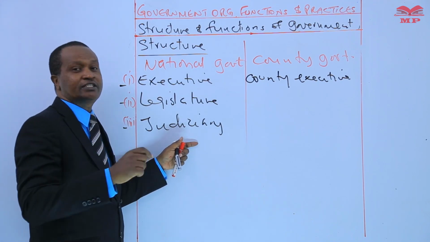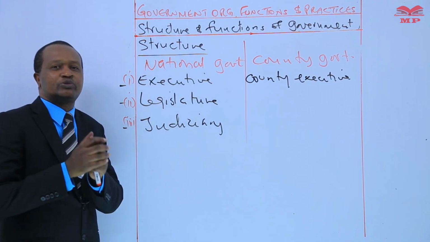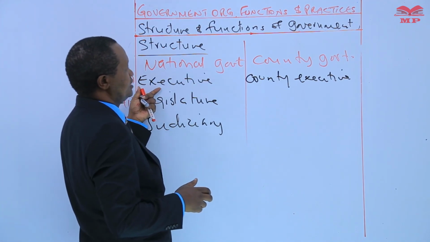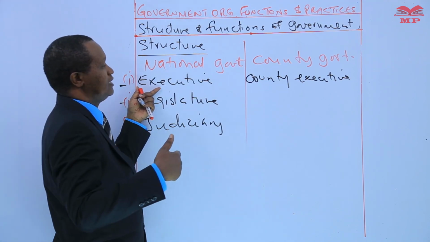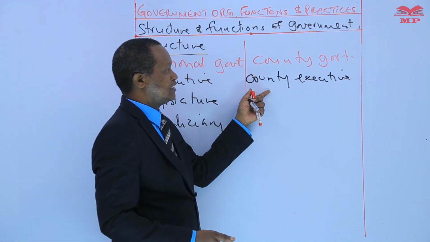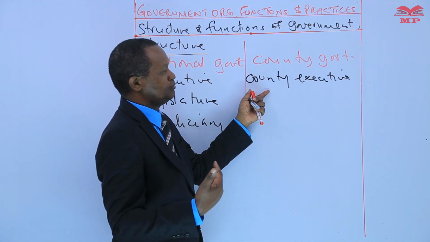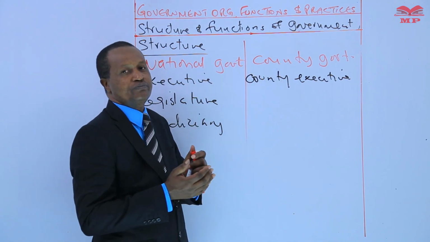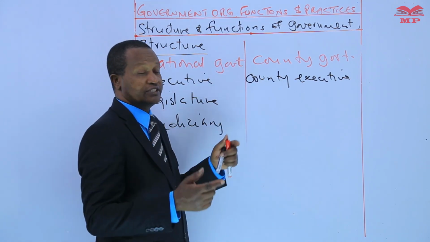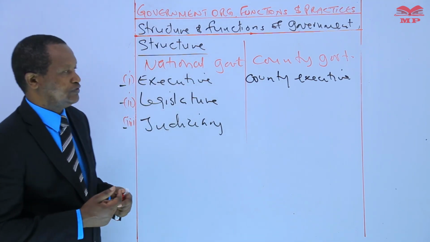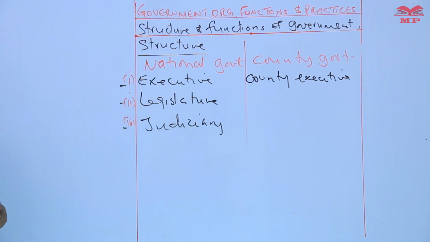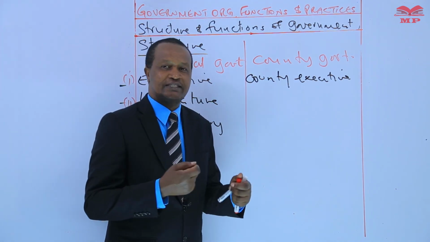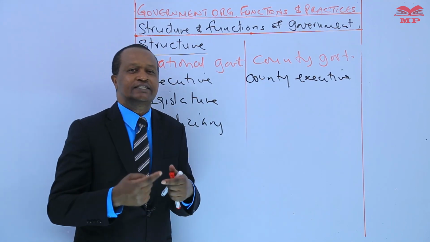And this governor is assisted by the deputy governor and the county executive. Just the same way the president, who is the head of the executive, is assisted by the cabinet, the governor is assisted by the county executive officers, whom we call the CECs.